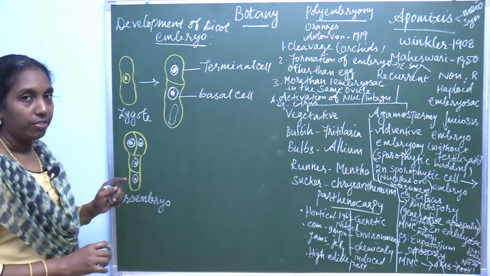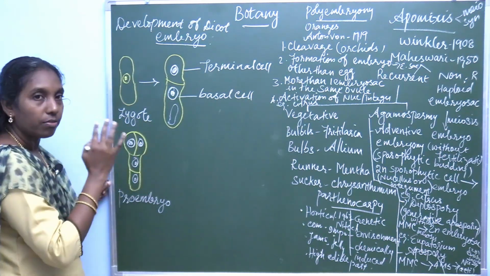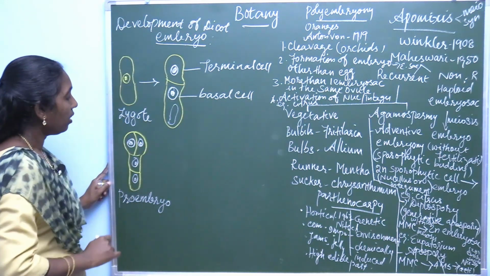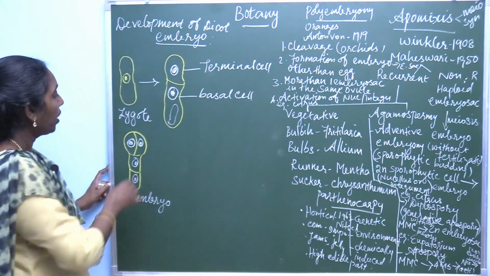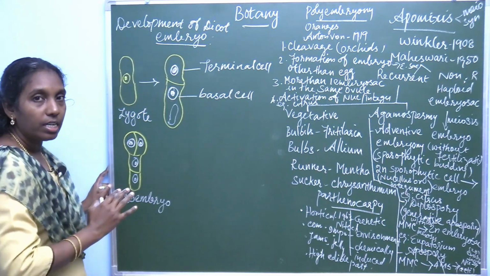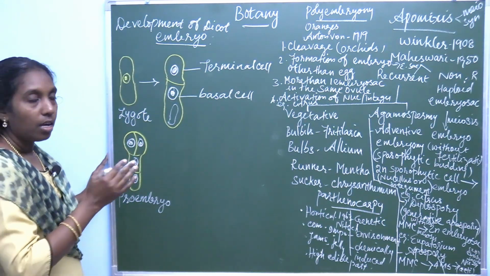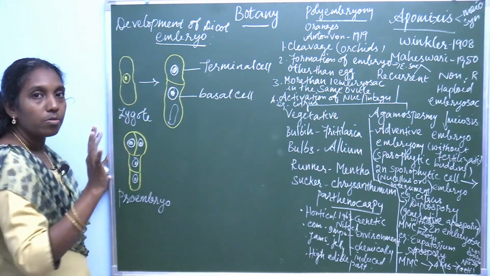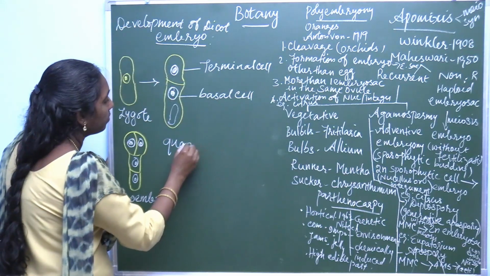Next, a transverse division takes place at a right angle to the vertical division of the terminal cell. When it undergoes vertical division, it first forms a four-celled stage called quadrant.